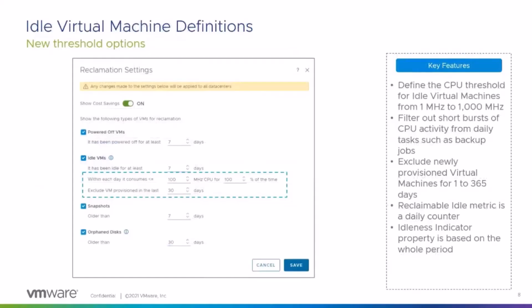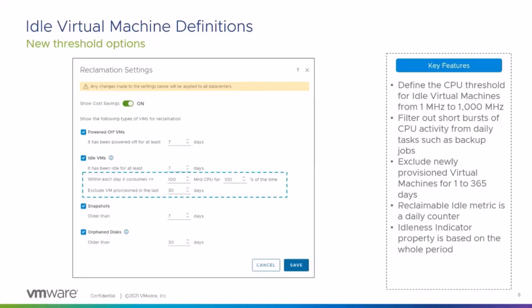Since we're getting into the reclamation piece, I just want to mention the idle virtual machines, because this is a relatively new change as of 8.6. You can now go in and modify the thresholds for what defines an idle virtual machine.